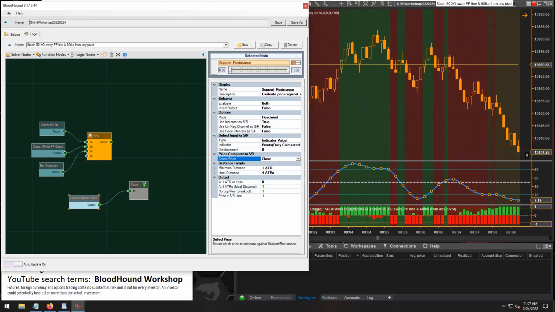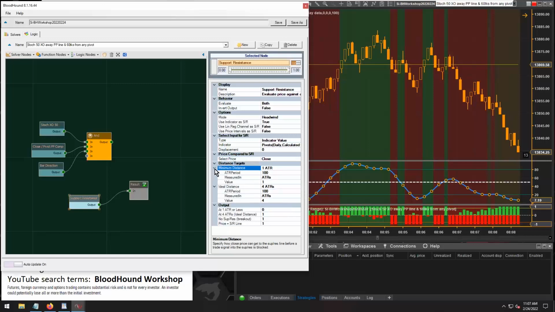That's already set for us, but in some situations, you may want to compare other prices of the bar to a pivot line. Now we get down to the distances. Let's expand all these distances. Instead of using an ATR, since I'm on a range chart, ATR doesn't make much sense.